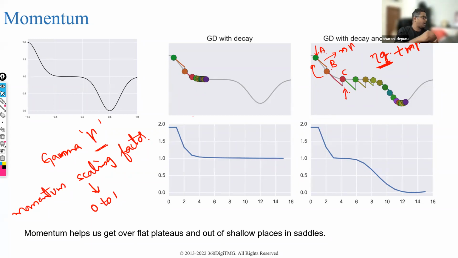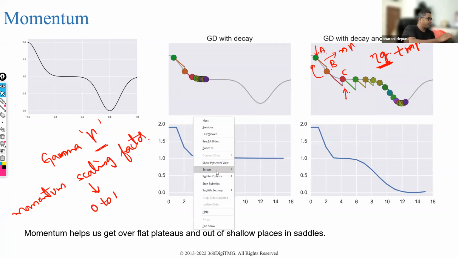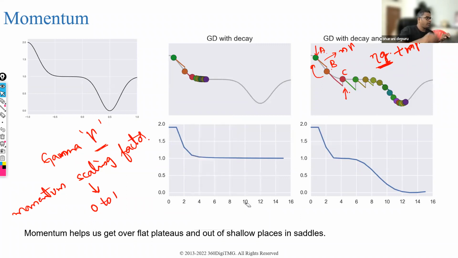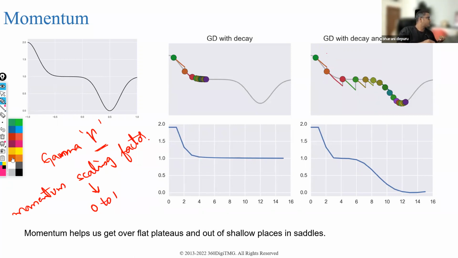Okay, I'll repeat this part once again for everyone's understanding, and let me choose a different color. Suppose you have point A, point B and point C, and you are currently at point B. This is the present point we are at.